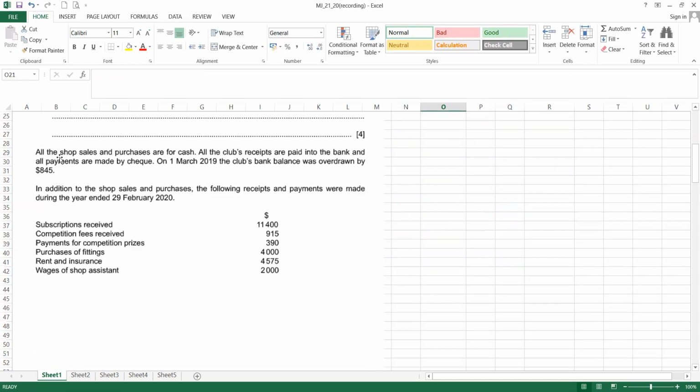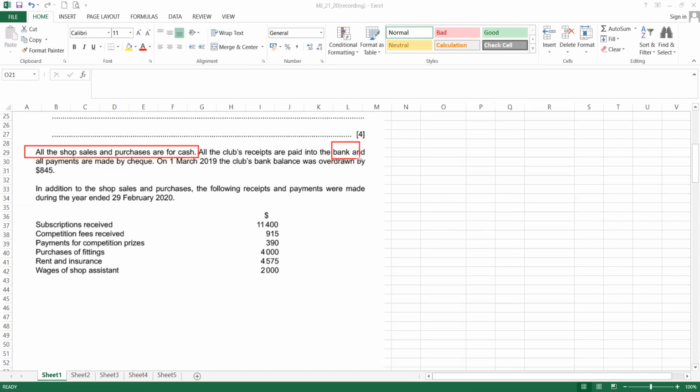Next, the wording they put in here says that all the shop sales and purchases are for cash. That means they don't have credit. Everything is bought and sold using cash. All the club receipts are paid into the bank and all payments are made by cheque.